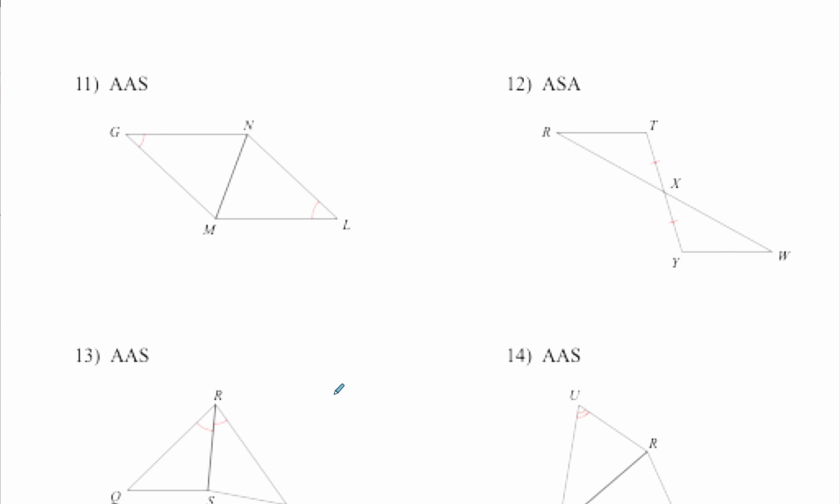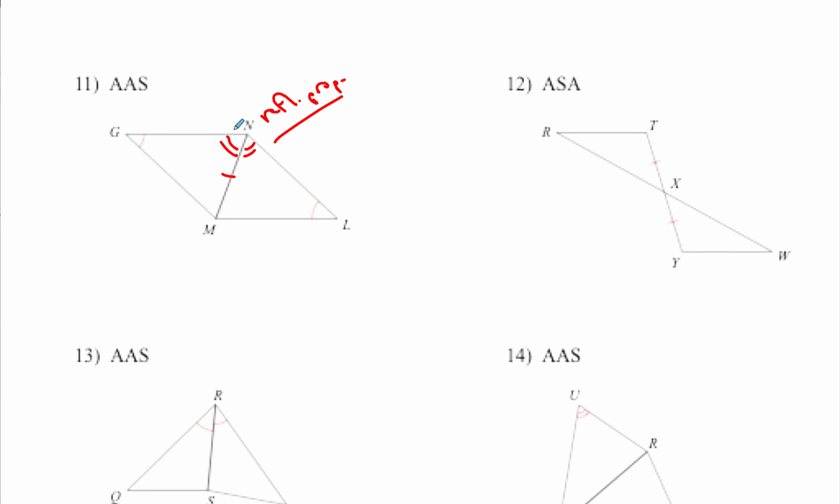All right, angle, angle, side. So where's the side? Here, because of the reflexive property, right? So we know that. Now we need to have 2 angles. Well, this is opposite the single arc, and this is opposite the single arc. So it turns out you have choices. Could you say that this angle is congruent to this angle? Would that get it? Yes.